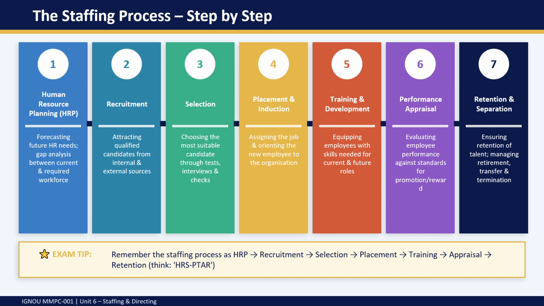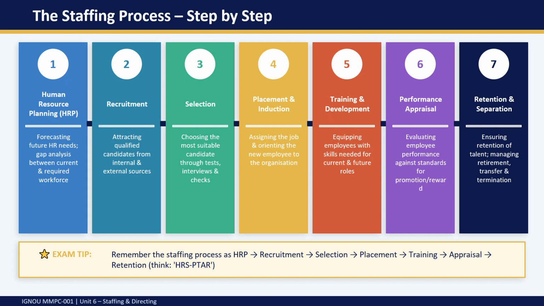The fourth step is placement and induction, where the selected candidate is assigned to the appropriate job and oriented into the organization's culture, rules, and work environment. The fifth step is training and development, where employees are equipped with the skills and knowledge they need for their current roles and prepared for future responsibilities.